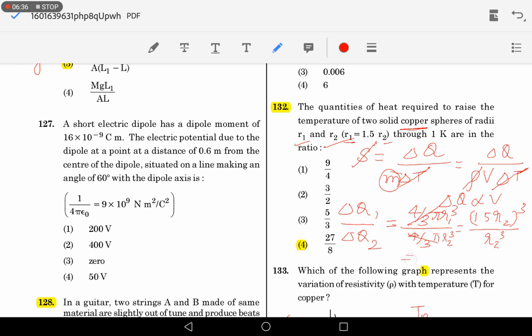So what we are going to get is 1.5 the whole cube, and 1.5 is nothing but 3 by 2 whole cube, which is 27 upon 8, and that's the answer. So keep watching videos from my channel, and thank you for now.